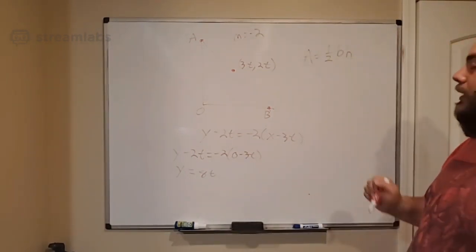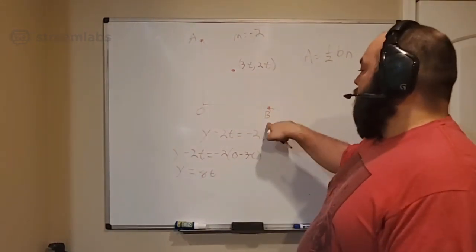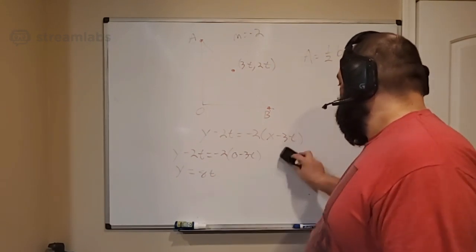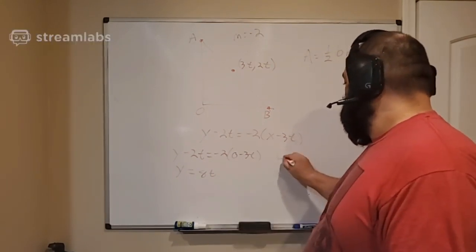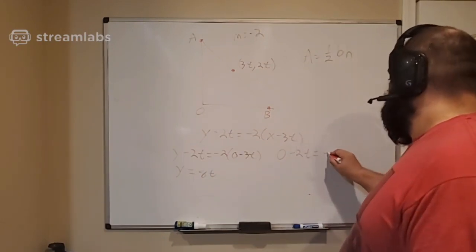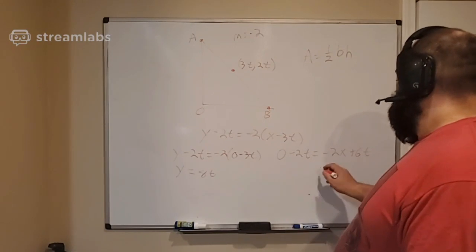Then you do the same thing but make y equal 0. So it's 0 minus 2t is equal to -2x plus 6t, so -8t equals -2x. So x is equal to 4t.